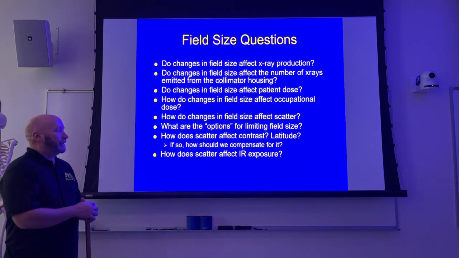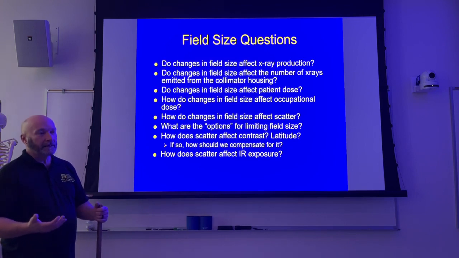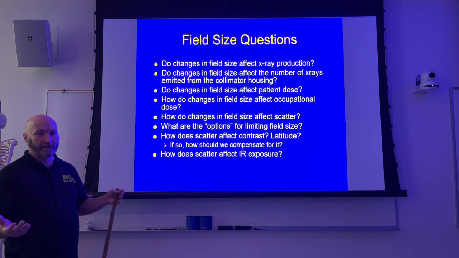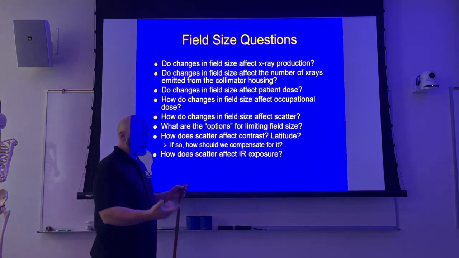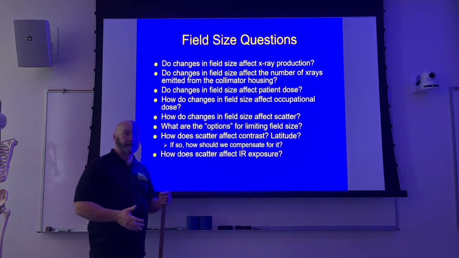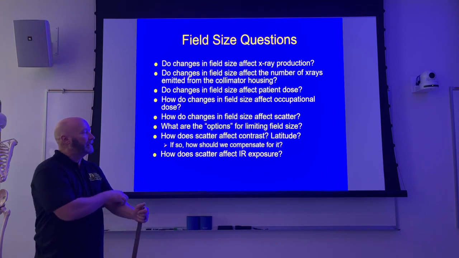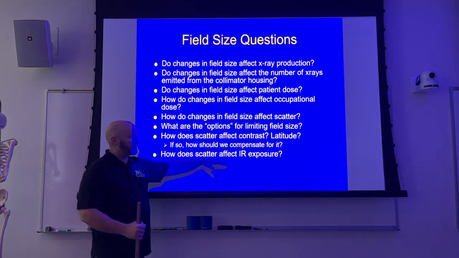But there is going to be a difference, and you can prove this out in clinicals. So again, mock up a patient, shoot through something that creates a lot of scatter, get a basin of water, make an exposure, collimate down, shoot it a second time, and see what your image receptor exposure is, see what your index number does.